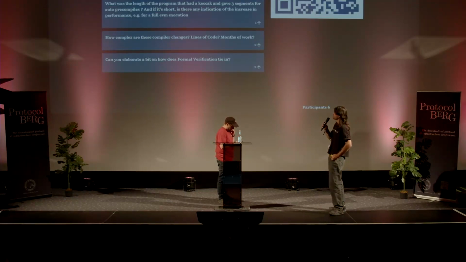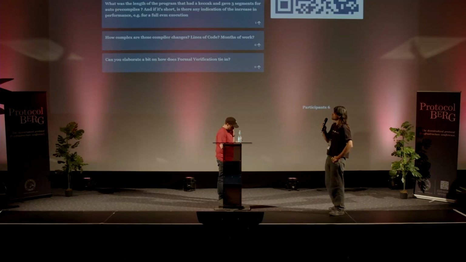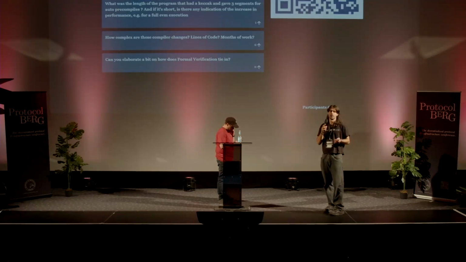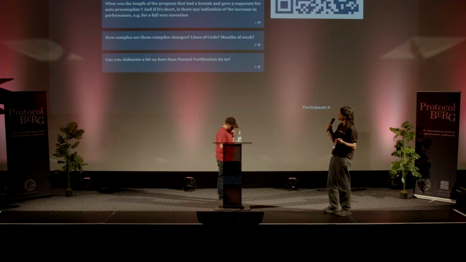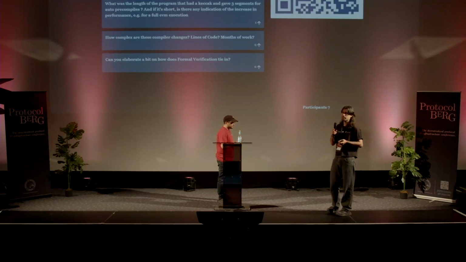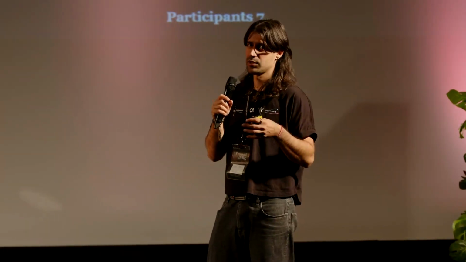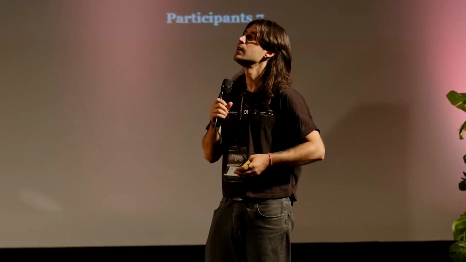I'm not sure I fully got the question, because it is what it does. You can take any program. I don't know if you meant the entire program, like the first question. Maybe I can answer both at the same time. This is one of the ideas: you can theoretically take every single basic block of the whole program, make one circuit for each one of them, and then just allow the prover to choose whether they want the software version of a basic block or the accelerated version.